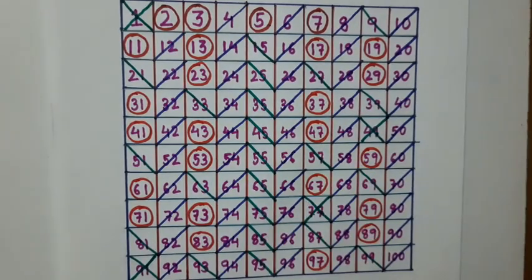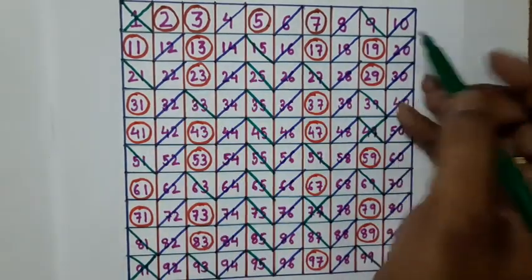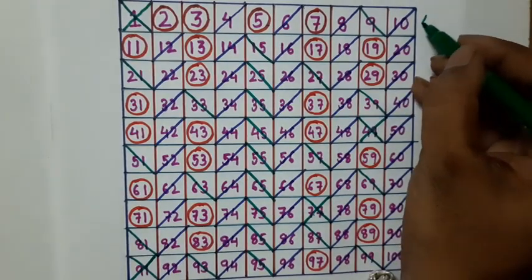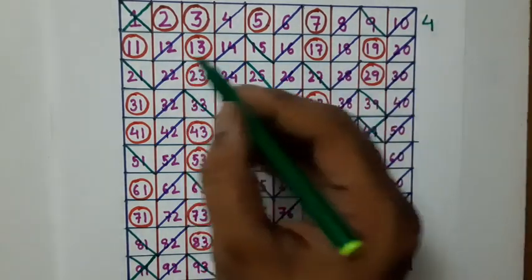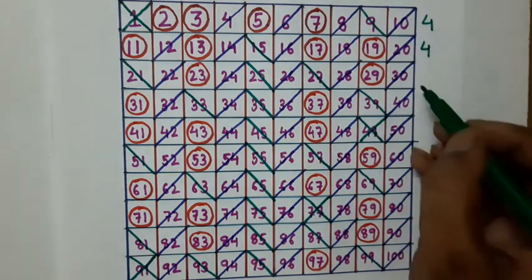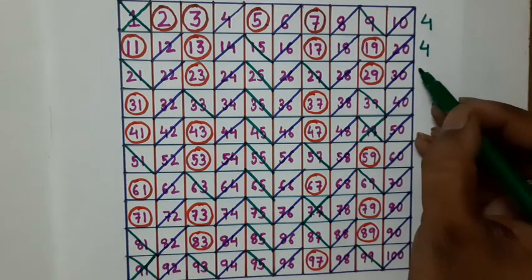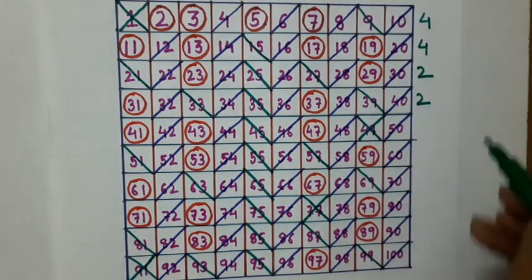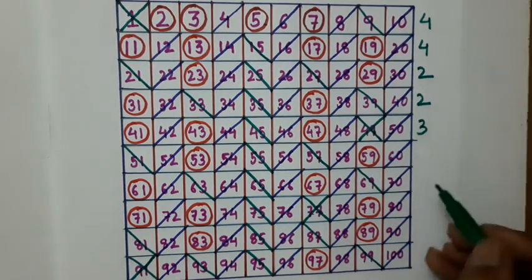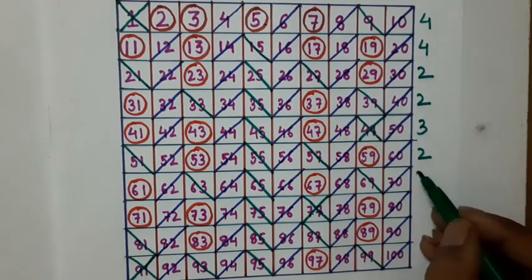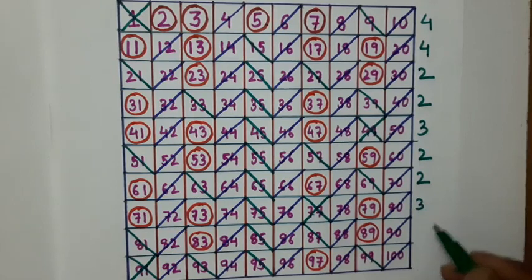Now how does this number come? Here we can see the first line, 1 to 10, has 4 prime numbers. The next line also has 4 prime numbers. The next one has 2 prime numbers, 2 prime numbers. Here we have 3, here we have 2, 2, here we have 3, 2 and 1.